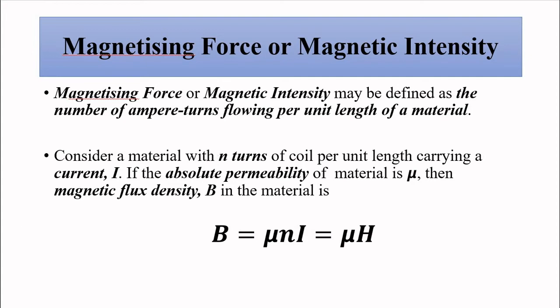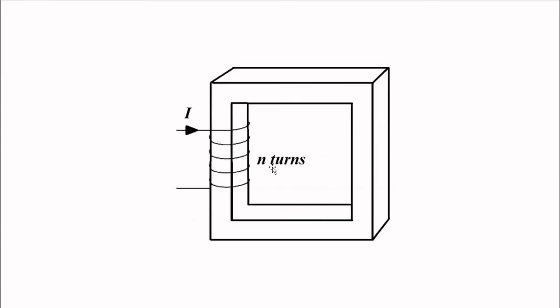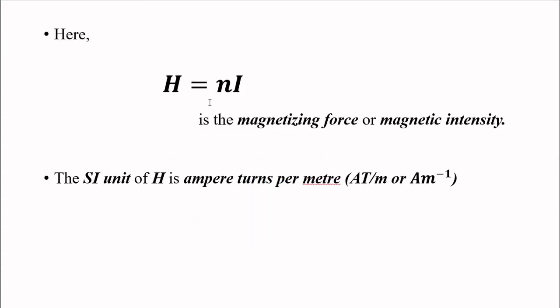Basically it is the product of the number of turns and the current flowing through that wire. So magnetizing force or magnetic intensity, which is expressed as capital H, is equal to Ni.